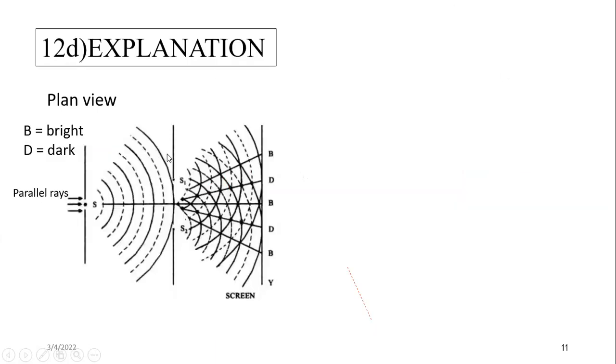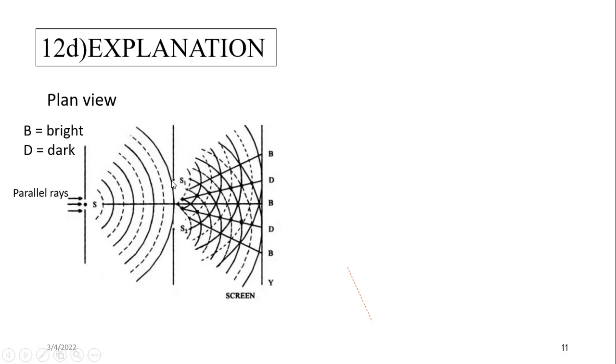Okay, if you use Huygens' principle to explain, you've got a plane wave coming, or parallel rays of light will produce a plane wave. Then at the slit, it just becomes a point source, because the slit is supposed to be the size of the wavelength. And the point source will produce your spherical wave.